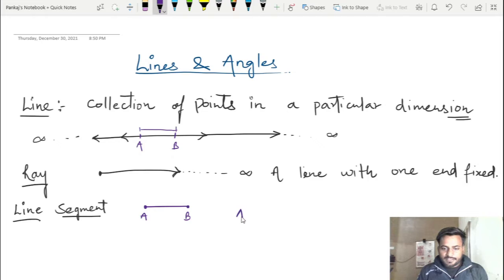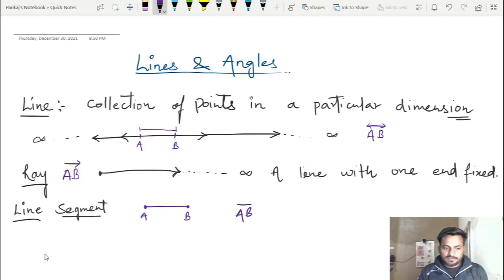It can be denoted as this, and the ray can be denoted as AB with this type of arrow, and the line can be denoted as this, both. And in our syllabus these notations are not used.